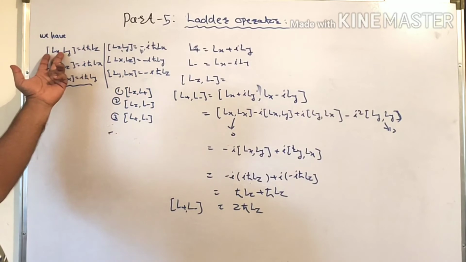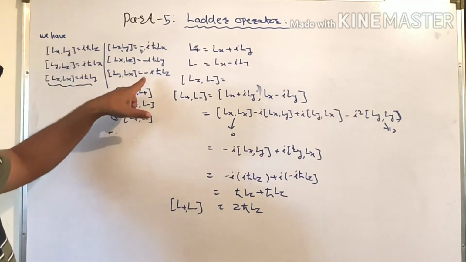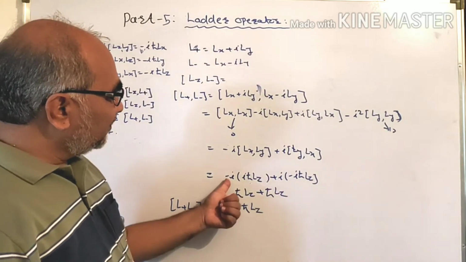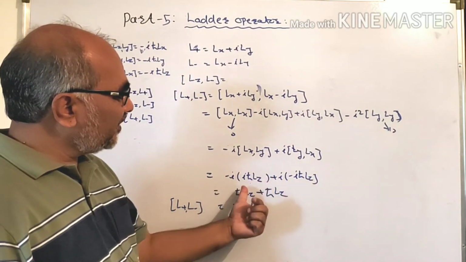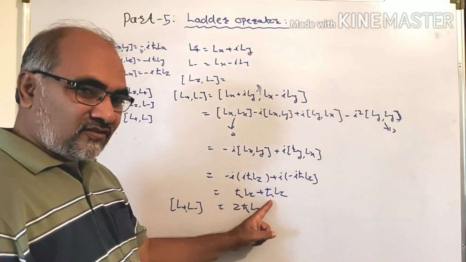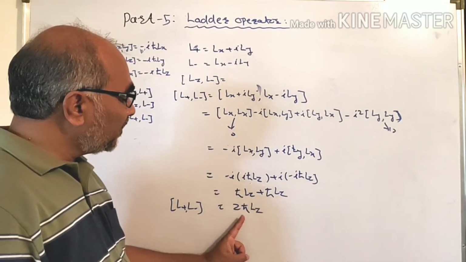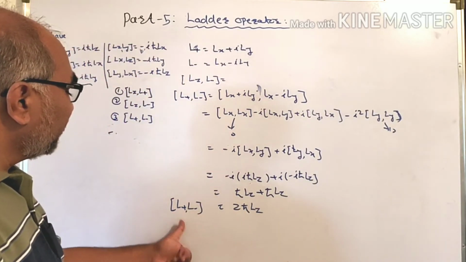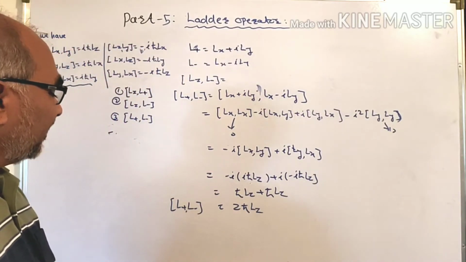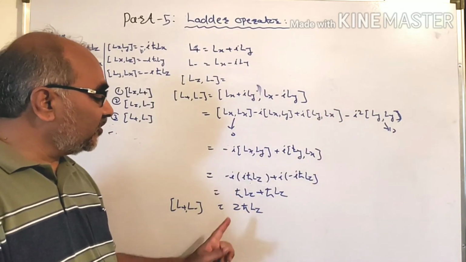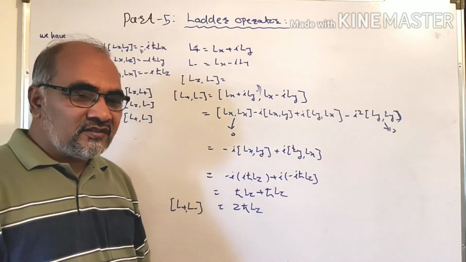When we reverse the direction it becomes minus i ħ Lz, so one plus sign and one minus sign cancel, and ħ Lz plus ħ Lz is equal to 2ħ Lz. So the commutation relation between the ladder operators is [L plus, L minus] equal to 2ħ Lz.